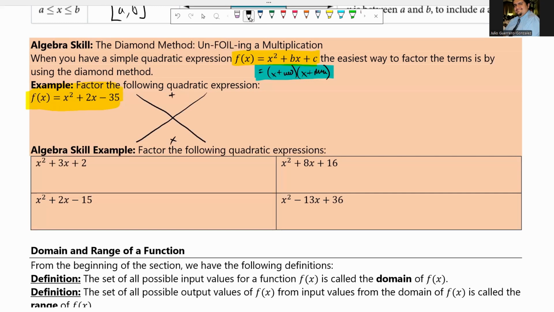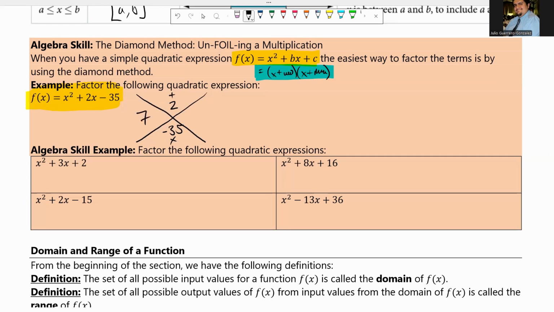Suppose you had something like x squared plus 2x minus 35. Give me two numbers that add to 2 and multiply to negative 35. Give it a thought.